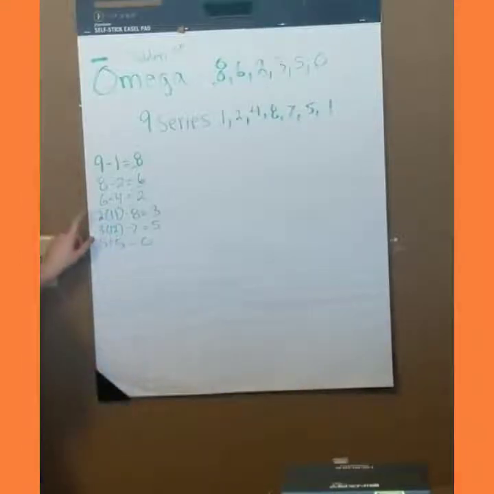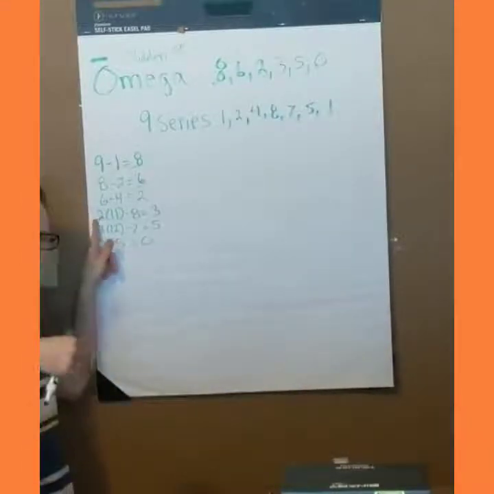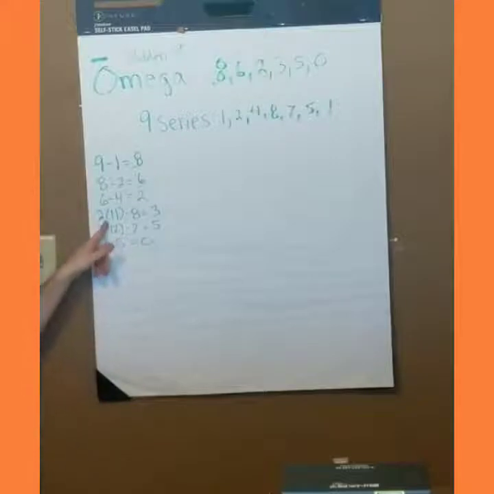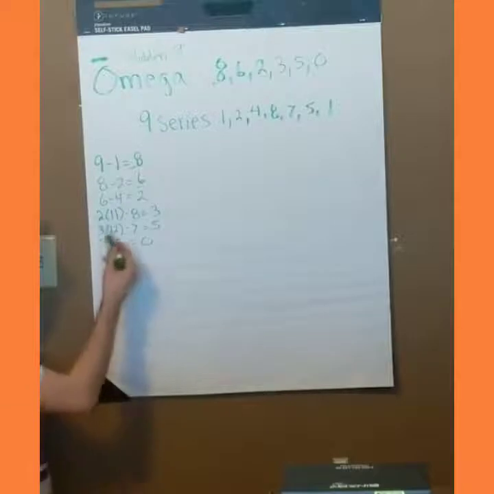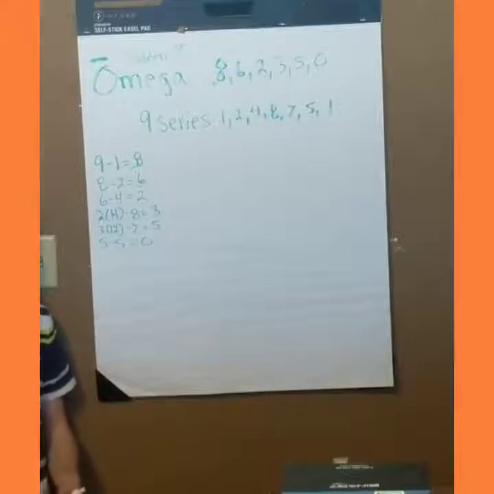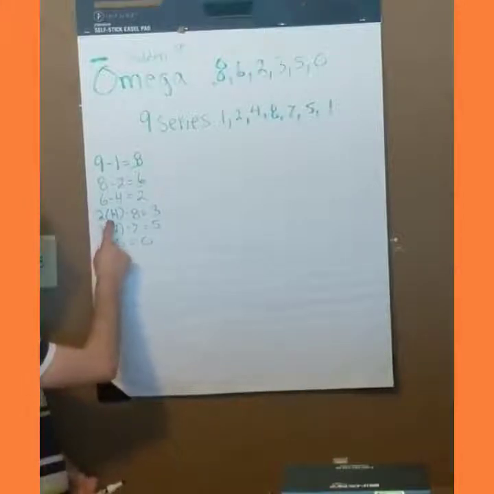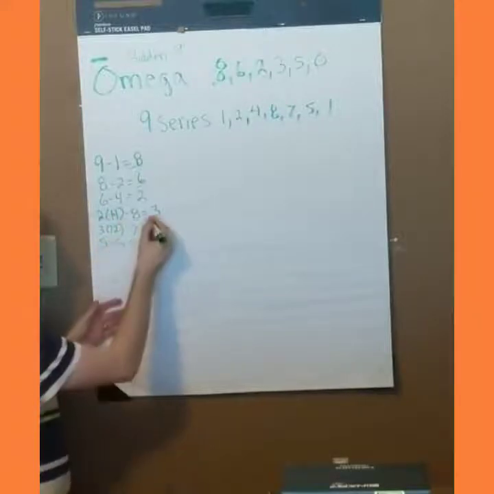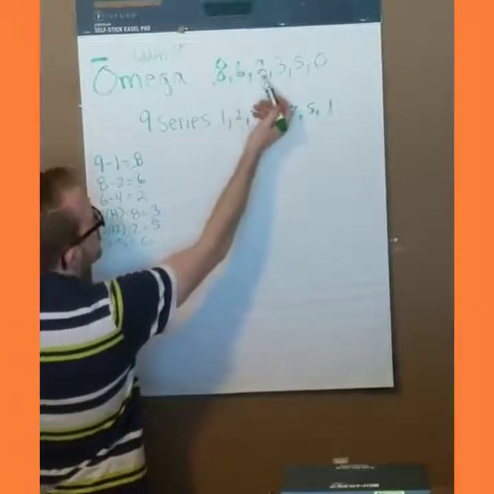Then you have 2, because remember now at this point you're getting into the negative, so we got to change that into an 11. Why is that 11? Very, very simple. It's only 11 because 1 plus 1 equals 2. Okay, so that's all you're reversing the 9. You're reversing Casti 9s. Okay, so 2 becomes 11, which is 1 plus 1, ends up being 11, minus 8 equals 3. So at this point, we're at 8, 6, 2, 3.